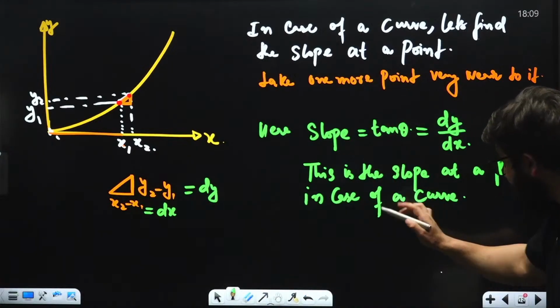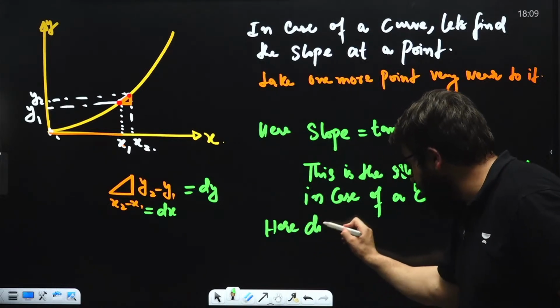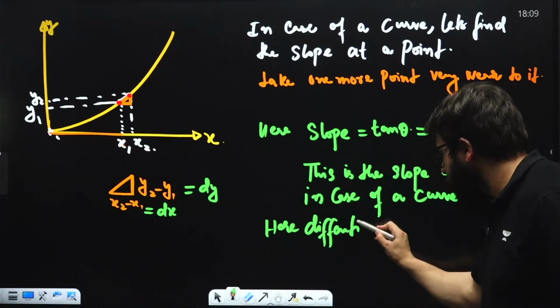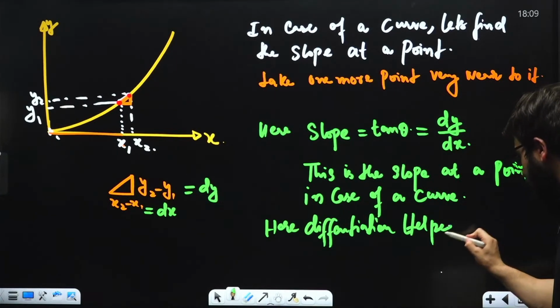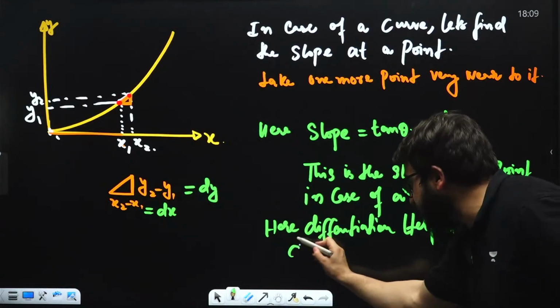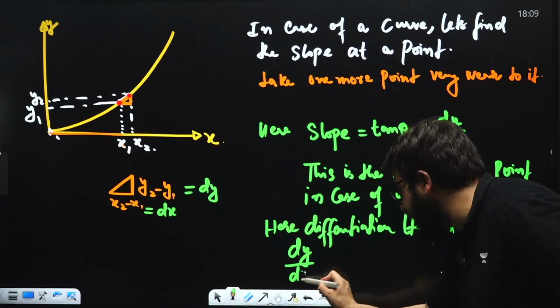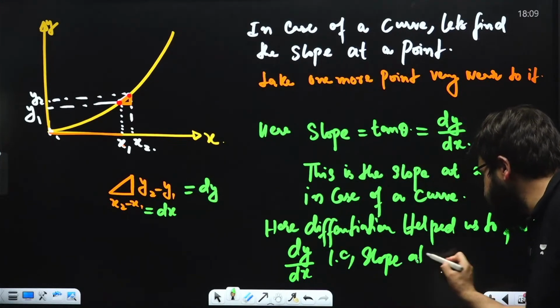So I can say here differentiation helped us to find dy divided by dx, that is slope at a point.